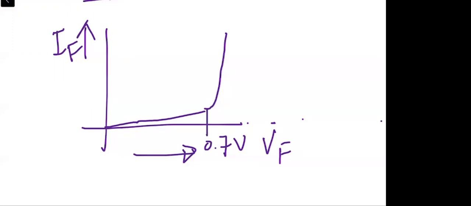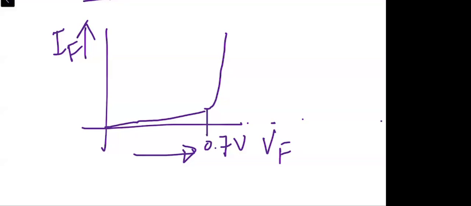Before 0.7 volts, there will be a very small amount of current. But after 0.7 volts, once we have overcome the barrier potential, a large amount of current will be flowing.